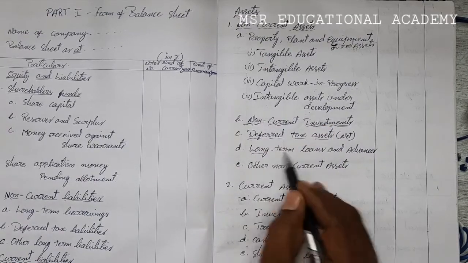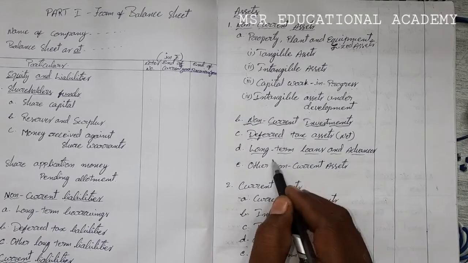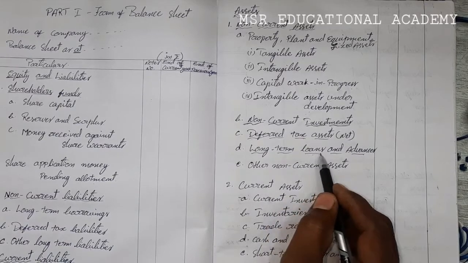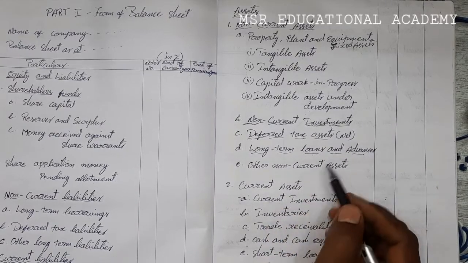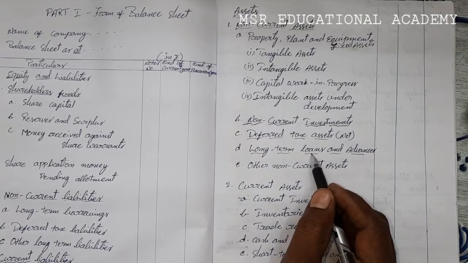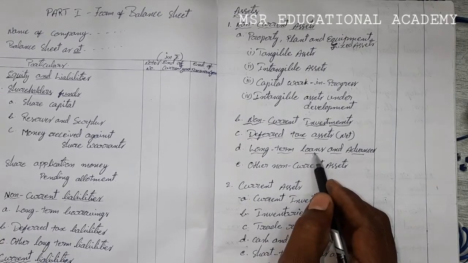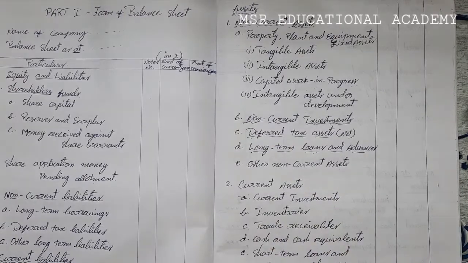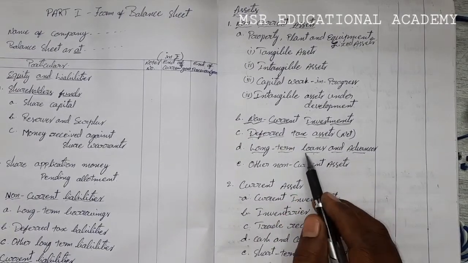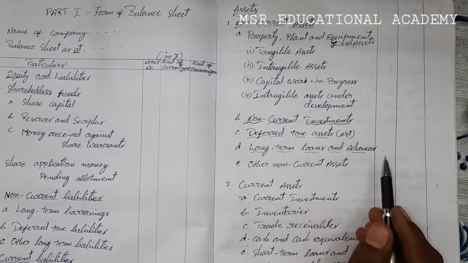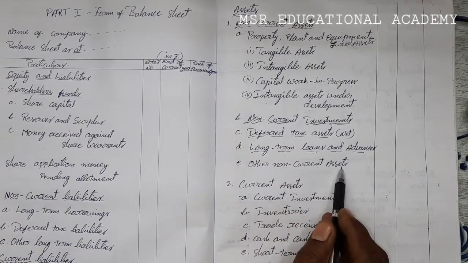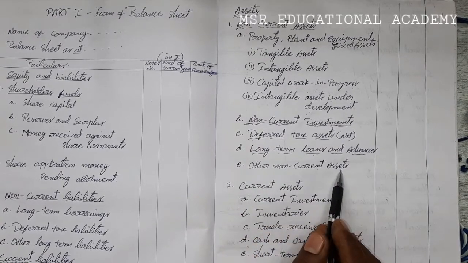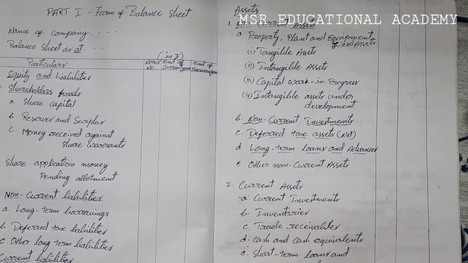Next, long-term loans and advances the company has given to somebody, for example employees. Any loans and advances provided by the company to employees, that long-term amount comes under long-term loans and advances. Next, other non-current assets. Other than the above ones, if there are any non-current assets, we should write them under other non-current assets.